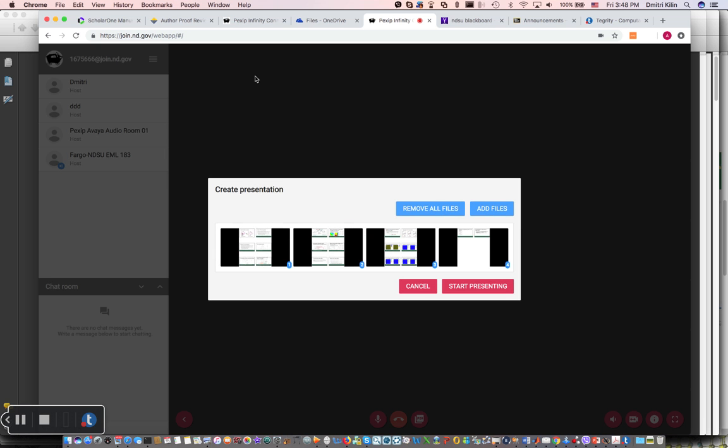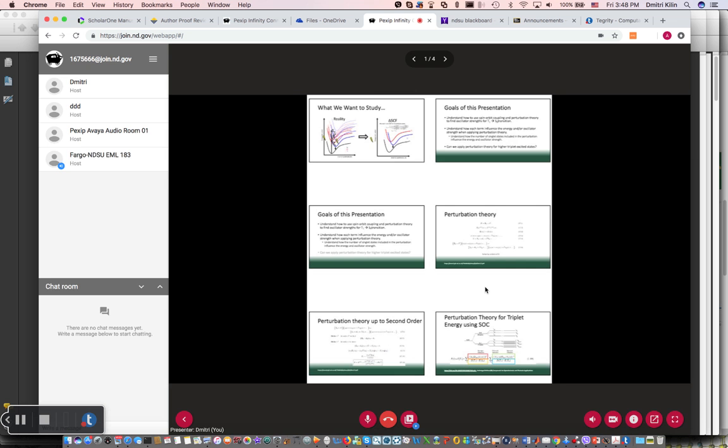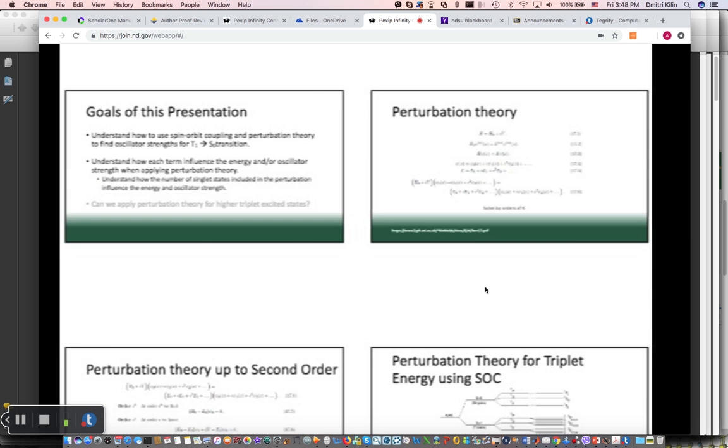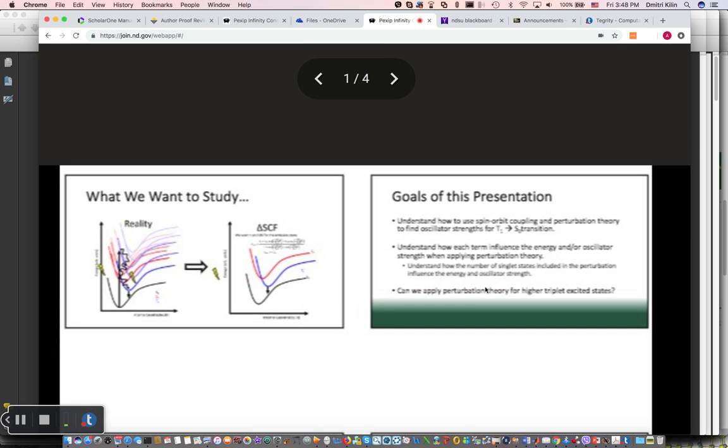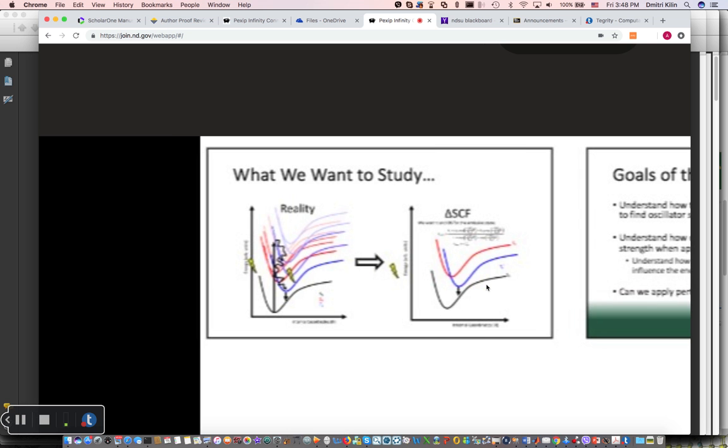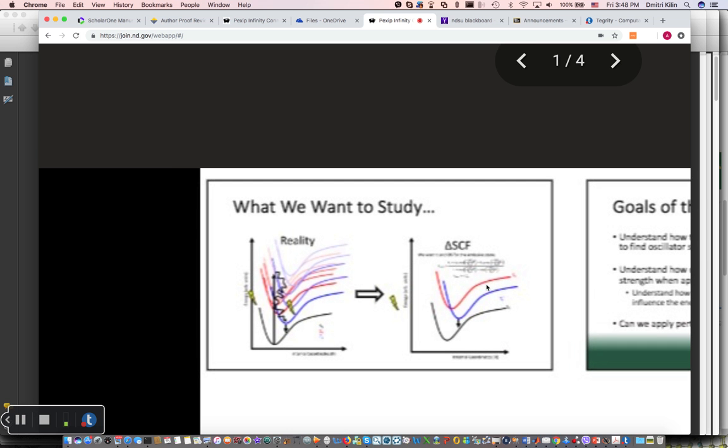But again, since we do computational chemistry, it's not just using the software, right? We also, of course, have to know how things were programmed and derived.